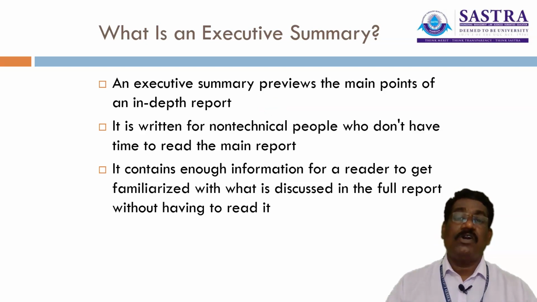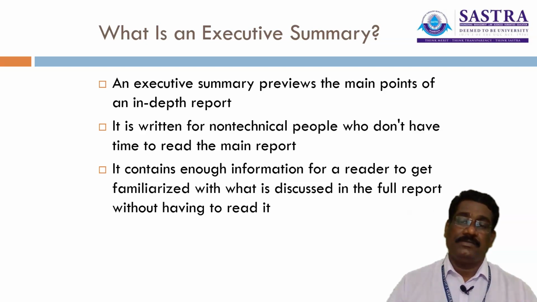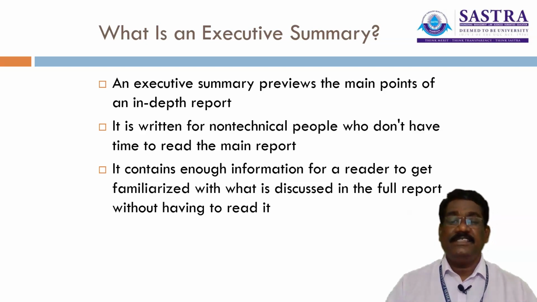It is written for non-technical people who don't have time to read the main report, because it should be understood by everyone. It contains enough information for a reader to get familiarized with what is discussed in the full report without having to read it.